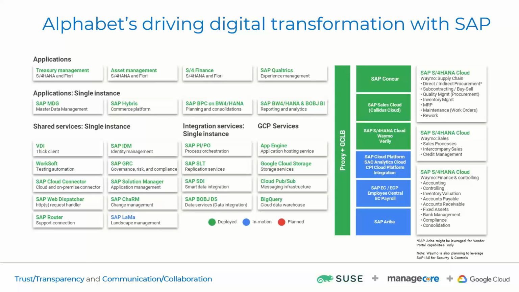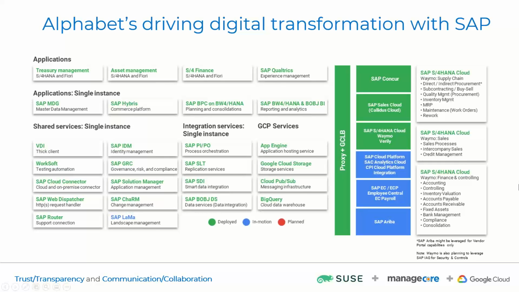Some of those platforms may not be able to run in GCP. However, examples like HANA on SUSE absolutely can be run in GCP, whether it's BW, S/4HANA, or any other product that can run on HANA is definitely supported within GCP.